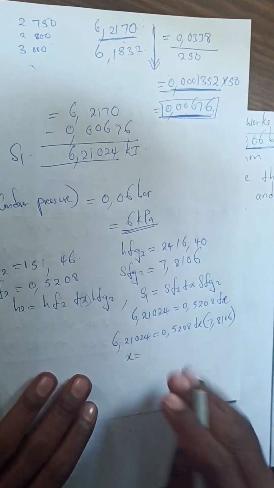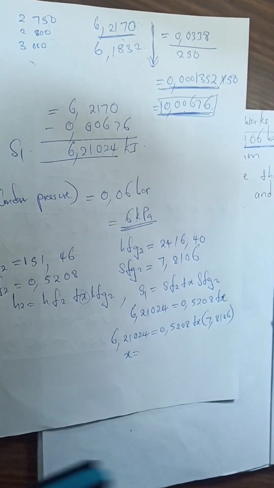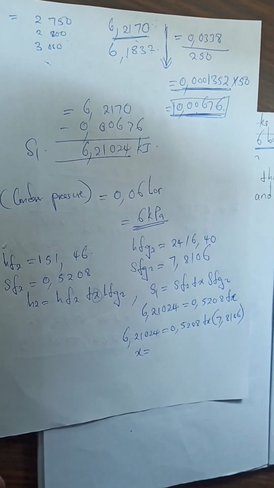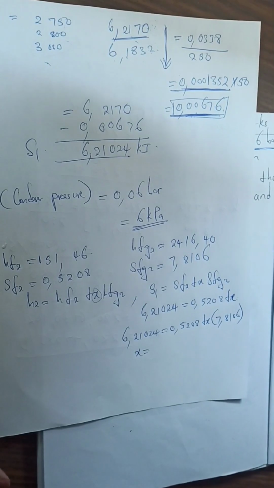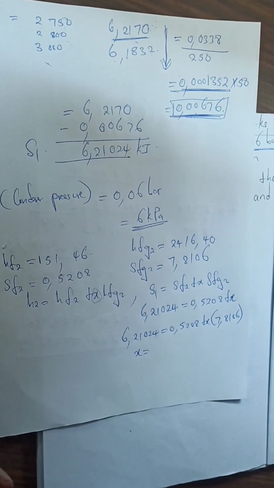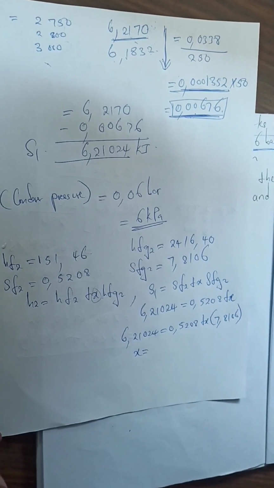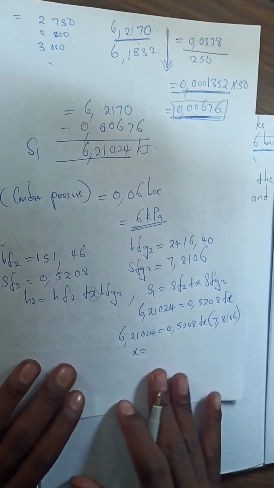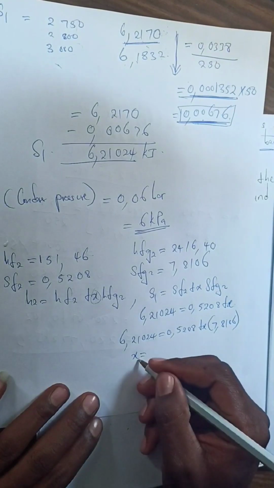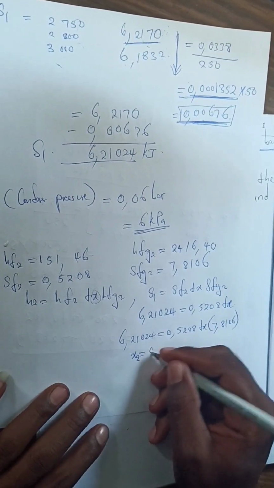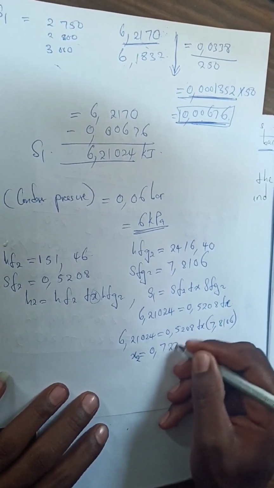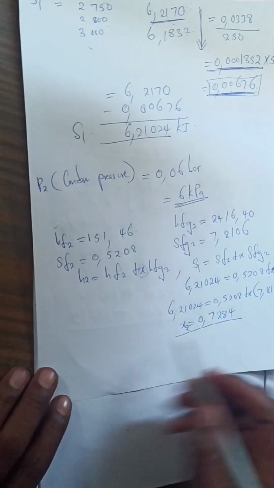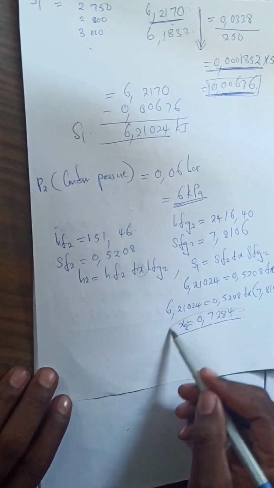So our x is going to be, if you punch on the calculator, 6.2104 subtracted by 0.5208, then divide the answer by 7.8106. Then we are going to see that our x2 is going to be 0.7284.